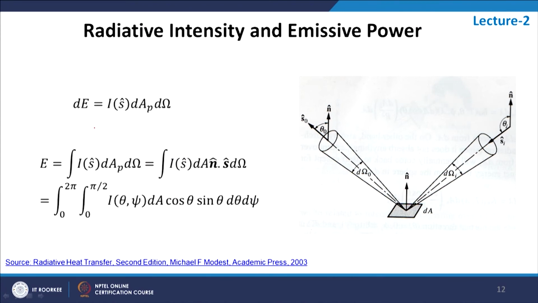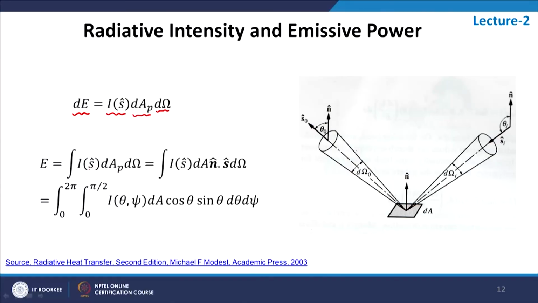Now, definitely radiative intensity and emissive power are related. Emissive power gives you the total energy emitted from a surface, while radiative intensity gives you the energy emitted in a given solid angle. As per the definition of intensity, the amount of energy emitted in a given solid angle is intensity multiplied by the projected area, that is the area normal to the rays, multiplied by the small solid angle.